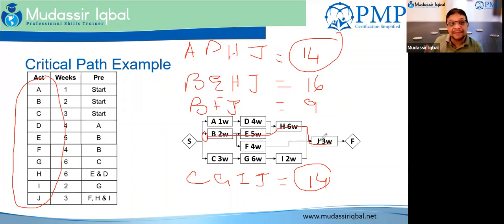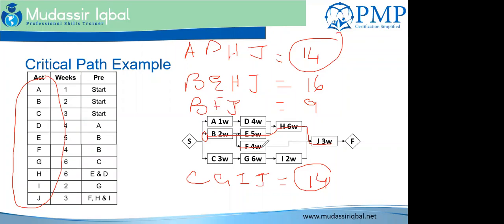But take an example of F. What is the float that you have on F? Anybody would like to answer? Just a guess. I have not explained the float yet. But what is the float on F? Few weeks.